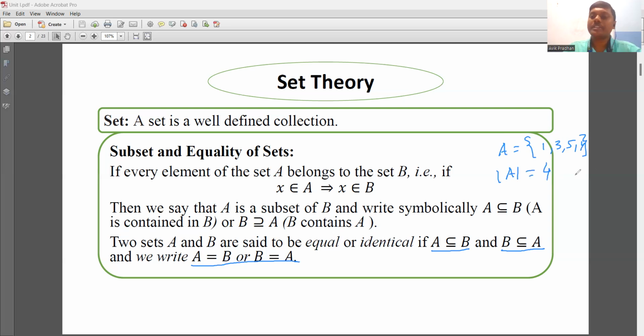That means 4 elements are there in this set. If I have a discrete set or a countable set, we can very easily find the cardinality of the set. But if I have an infinite or uncountable set, then it is very difficult to find the cardinality. So let us go to the next topic, which is the operations on sets.